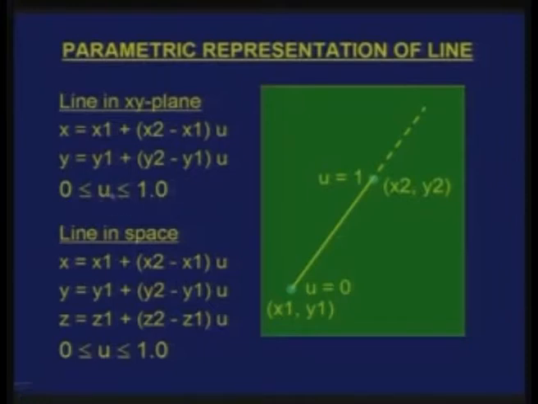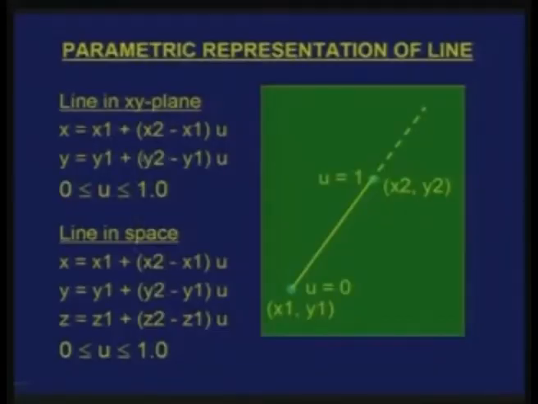And this kind of representation is useful in many ways, particularly in finding the intersection of a line with various entities: intersection of a line with a line, with a circle, with a surface, or with a solid. We use a parametric representation quite often, and this form is very useful. This is basically an example of a line in an xy plane which is shown here.